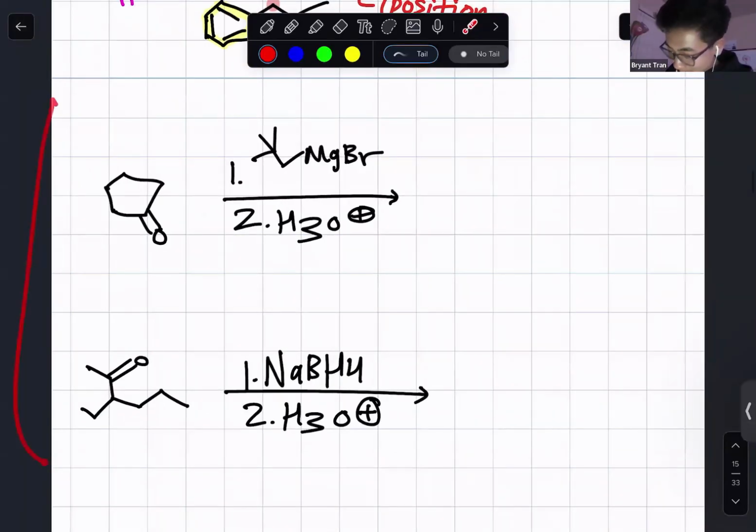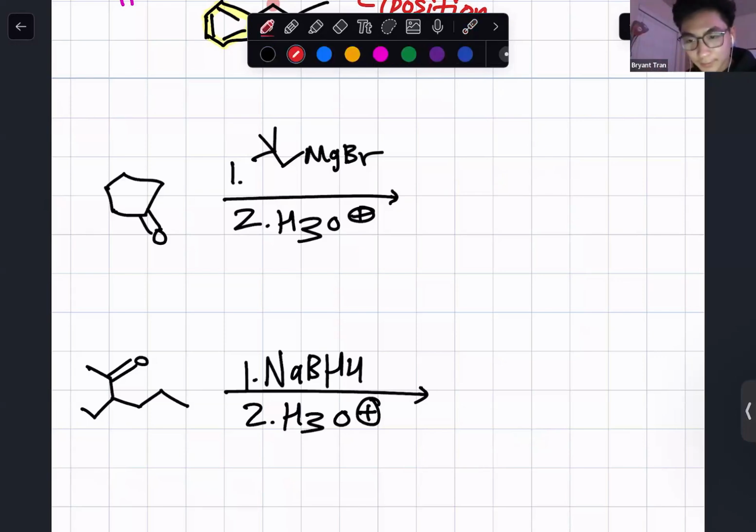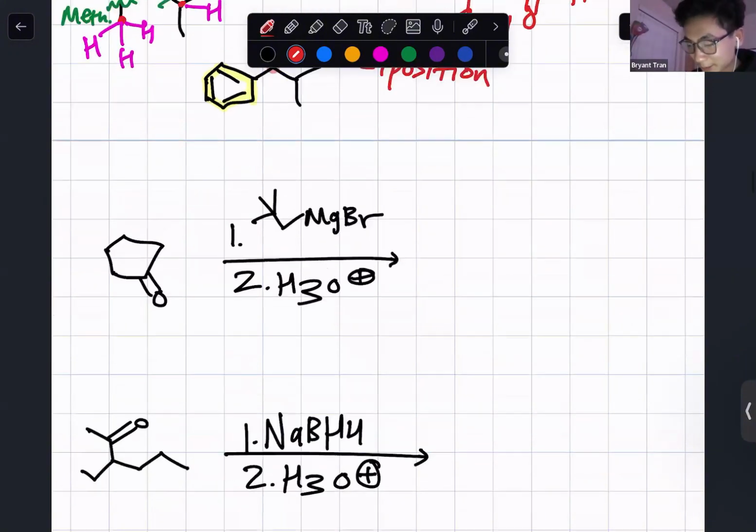Does anyone have answers to these practice problems here? Okay, so let's do the shortcut way, the trick way.